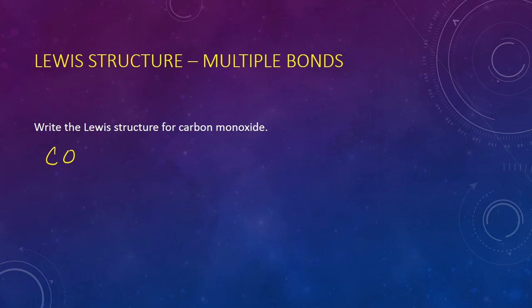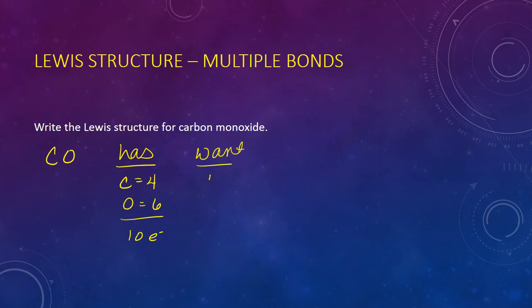All right, so first off, how many does this have? Well, carbon has 4 valence electrons. Oxygen has 6 for a total of 10 valence electrons. And in terms of what it wants, well, carbon wishes it had 8 valence electrons, and so does oxygen. And that's 16 valence electrons.